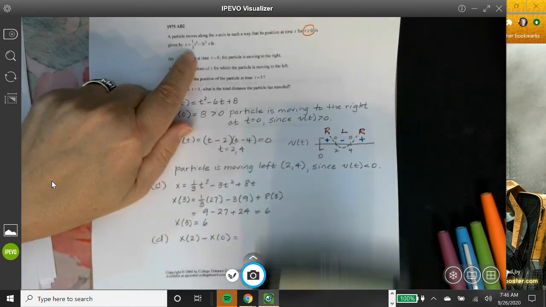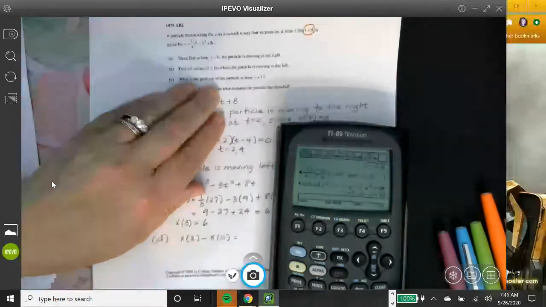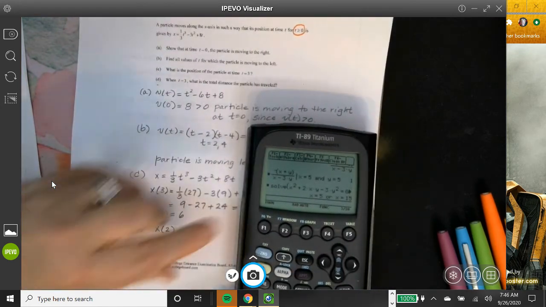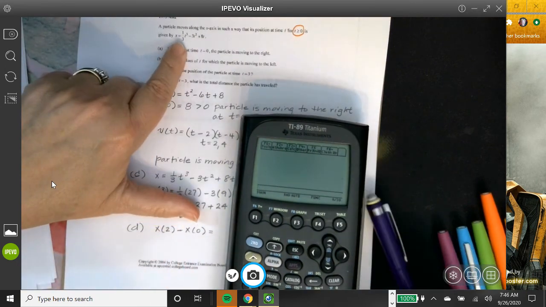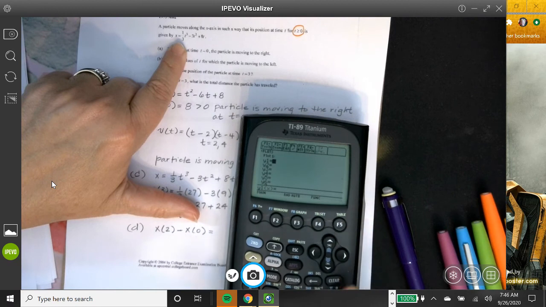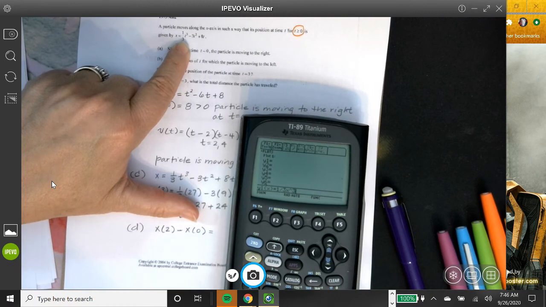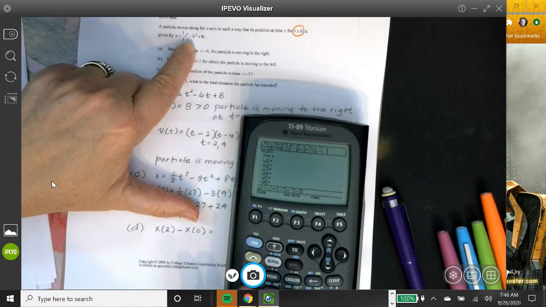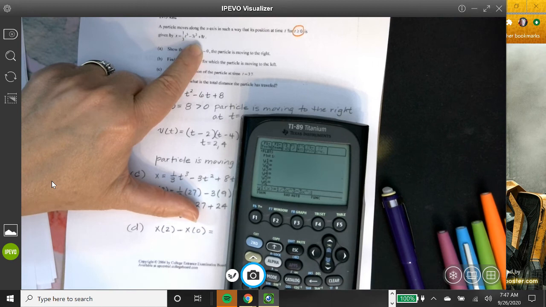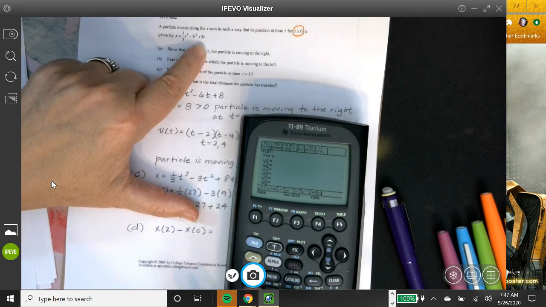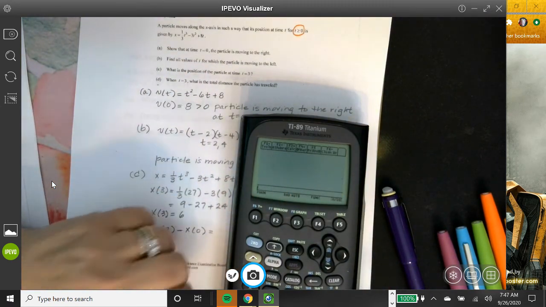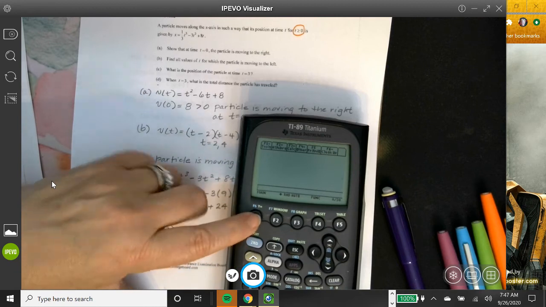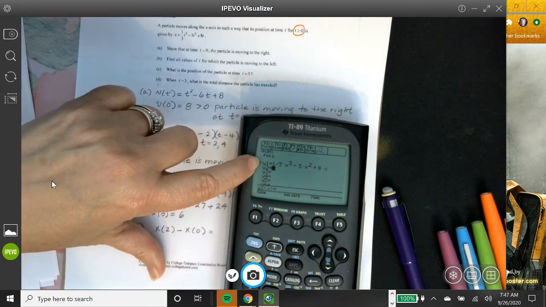Let's use my calculator here. I know this video is getting a little long and I want to make it faster. I'm going to put my function in here: 1 divided by 3 x to the third minus 3 x to the second plus 8 times x. I'm using x because I'm doing a function of x. I put my position function in y1.